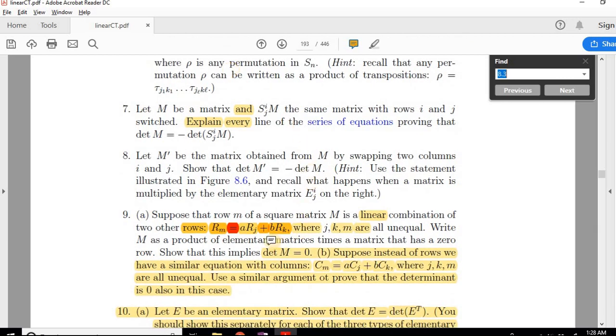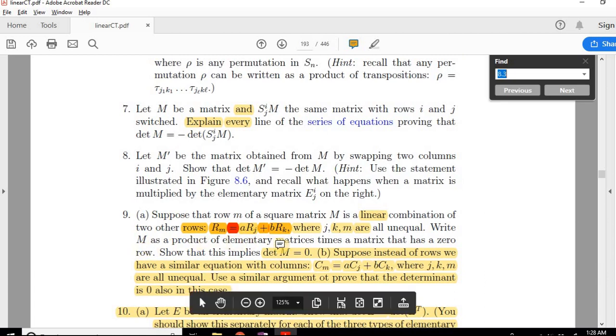All right, so what you're saying is that one row is a linear combination of two others, and then it says write M as a product of elementary matrices times a matrix that has a zero row.